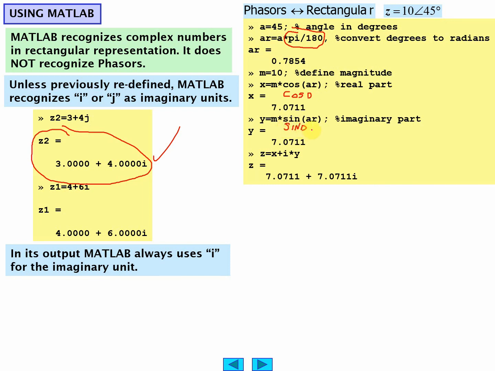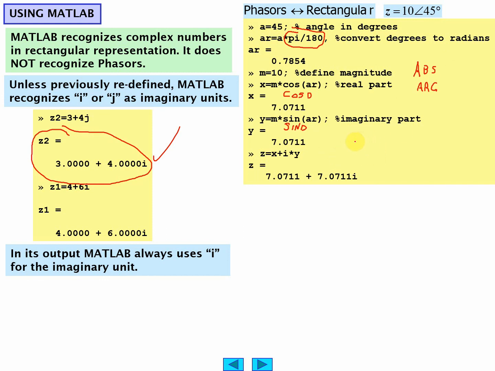Sine of the angle in degrees. You'll notice I also use ABS and ARG. So instead of finding the magnitude M, I'll use those two things to find the angle and the magnitude.